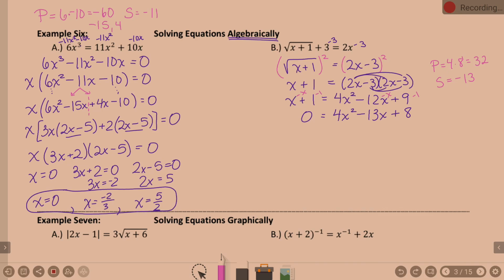So when I'm stuck, I go through my options. Product of 32. So 1 and 32? 1 and 32 doesn't get me to add or subtract to be 13, does it? Okay. 2 and 16. Can 2 and 16 become 13?